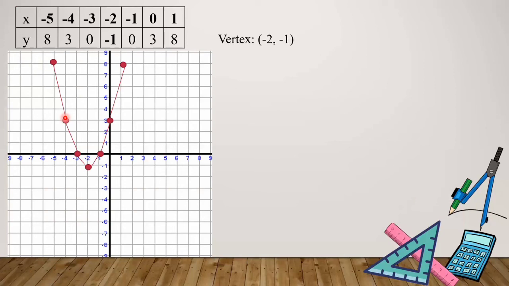So the vertex is negative 2 and negative 1. Then the opening, since ganitong itsura niya, this is upward. Then the maximum or minimum, since upward siya, this is minimum.